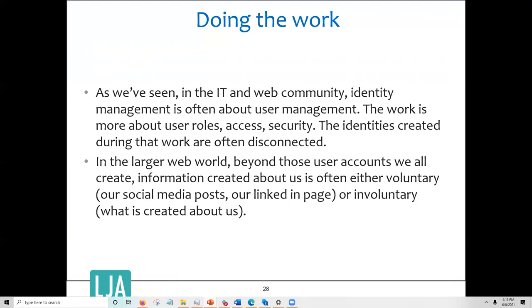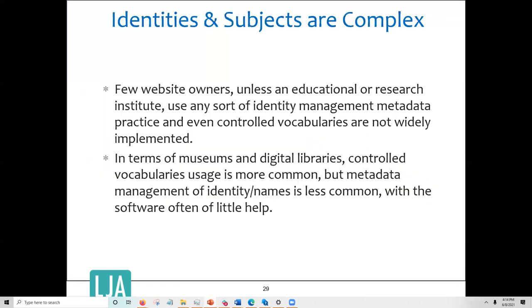Now we're starting to talk more about the identity that's created, that metadata part of it, and the user role, and how those two things are actually connected. And of course, information is created beyond user accounts. This includes things that may be voluntary, like our social media posts or our LinkedIn page, or it can be involuntary, information that's created about us or shared about us.